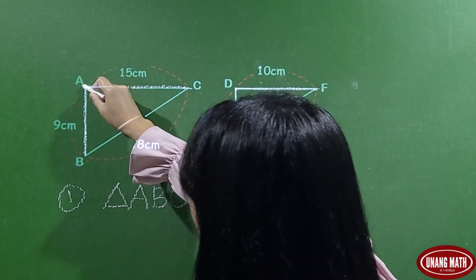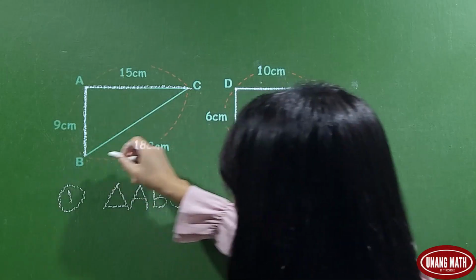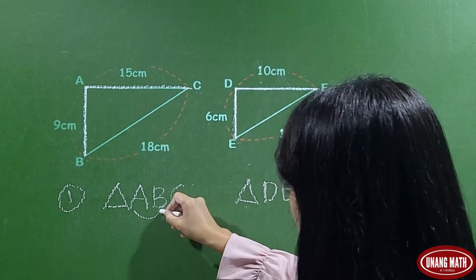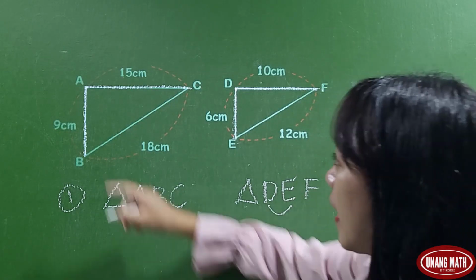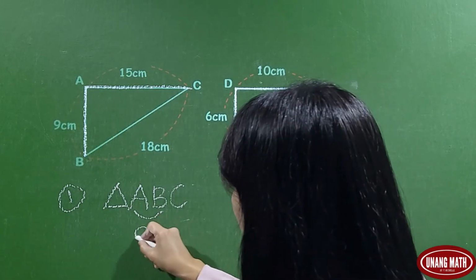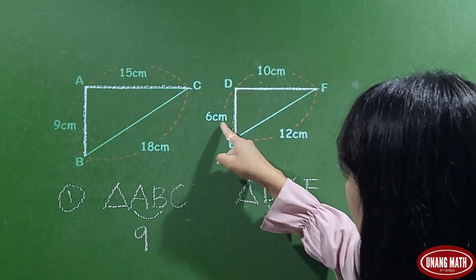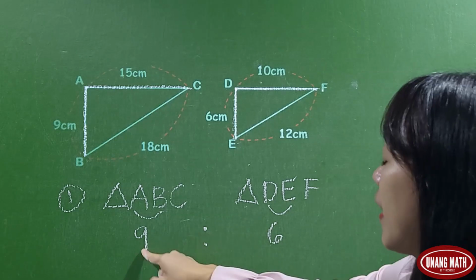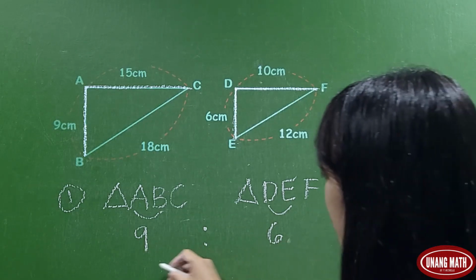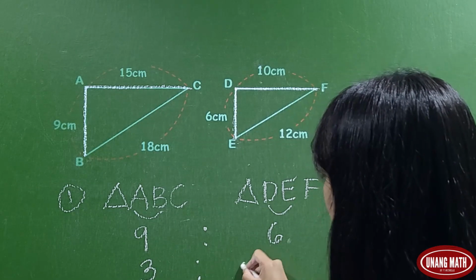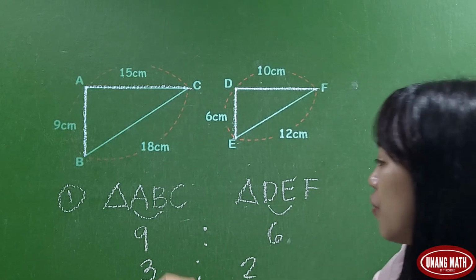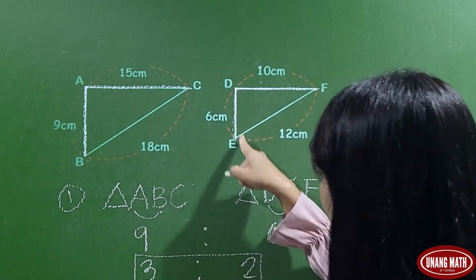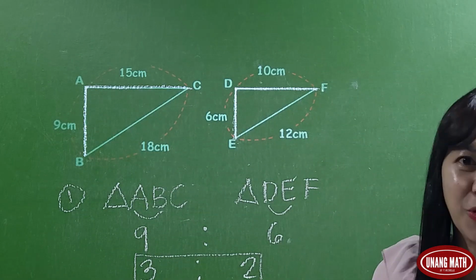First, side AB corresponds to side DE. AB is 9 centimeters and DE is 6 centimeters. So we have 9 is to 6, and if we simplify, this is 3 is to 2. So the ratio of these corresponding sides is 3 is to 2.